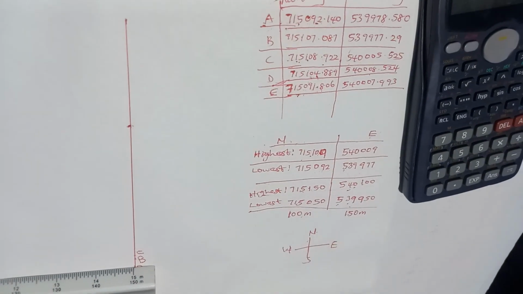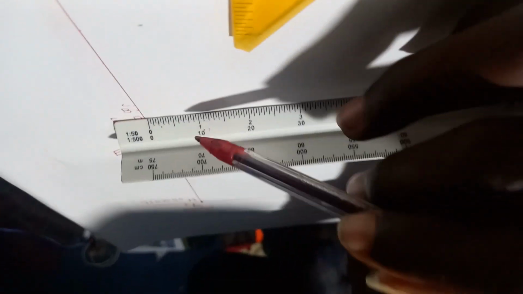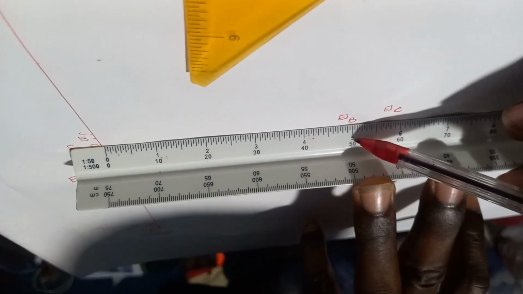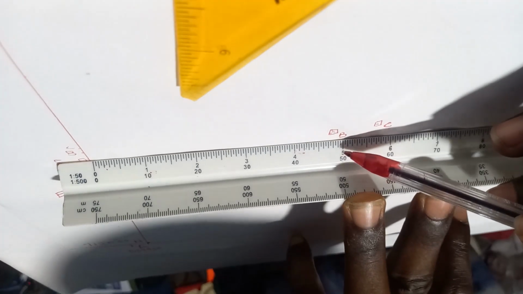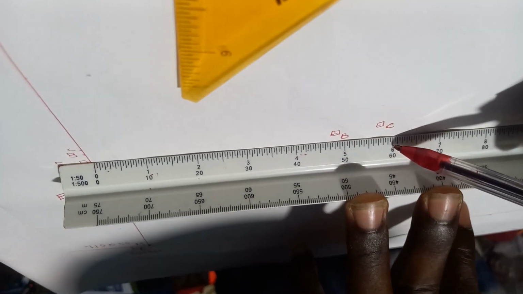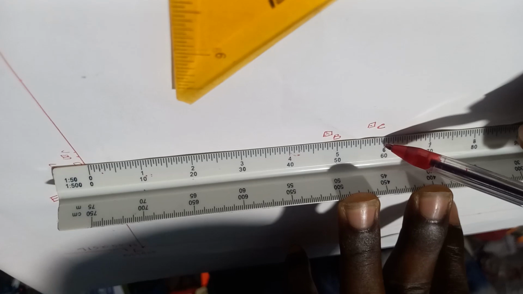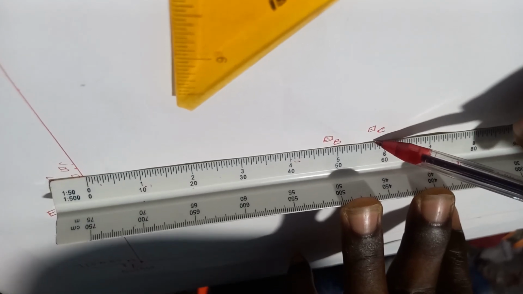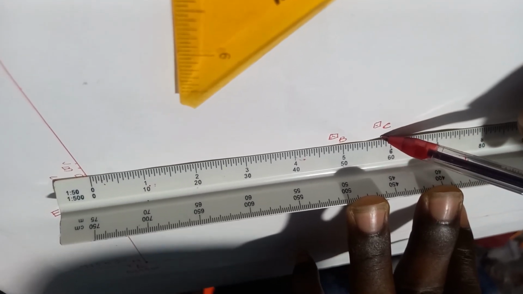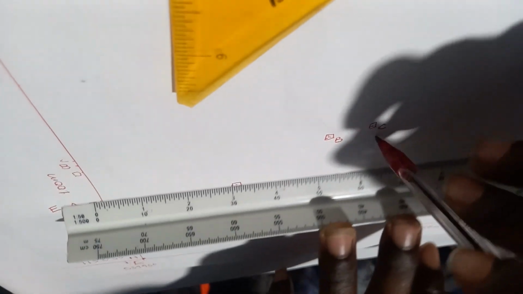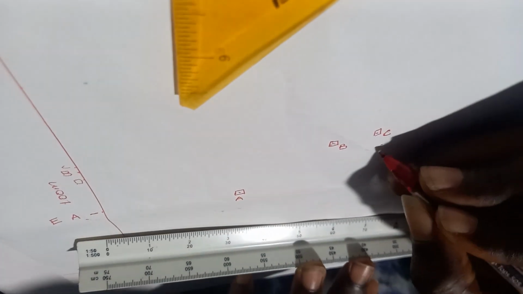We have 540,008. So this is 50, 60, 70, 80, 90, 540. This is 510. So this is going to be 008 here, which is point D.